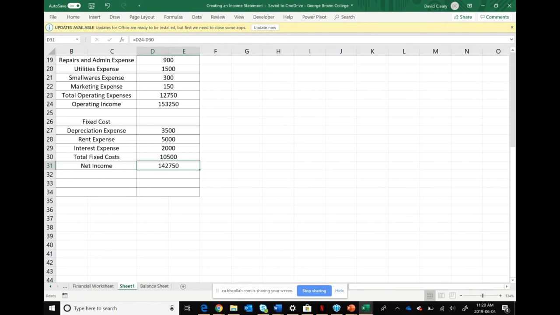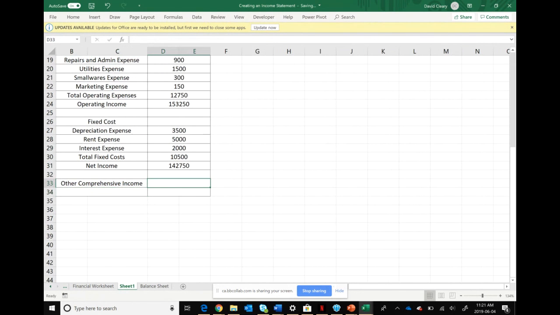This could be me selling my old hot dog cart after buying a new one, so I've received a gain there. So our next step is to put other comprehensive income, and list how much it was: 4,000.